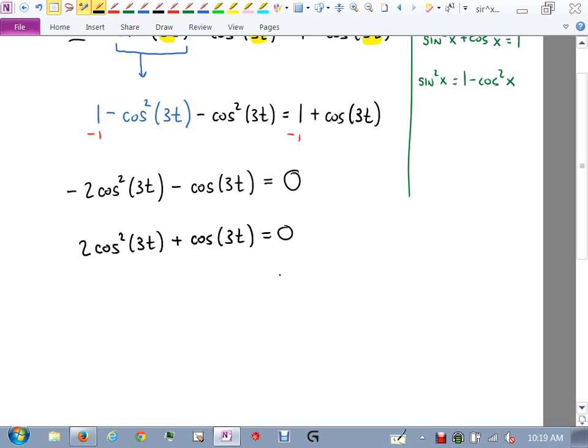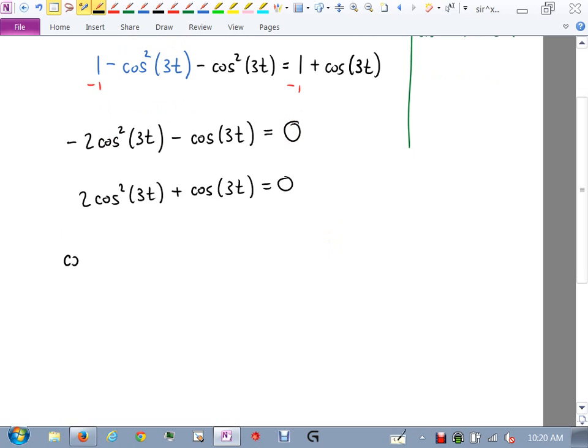And isn't this very much like the previous problem? Isn't it? I have a cosine squared 3t. The 2 in front doesn't matter. I have a cosine 3t, so I can factor out a what? Cosine 3t. Pull the cosine 3t out.